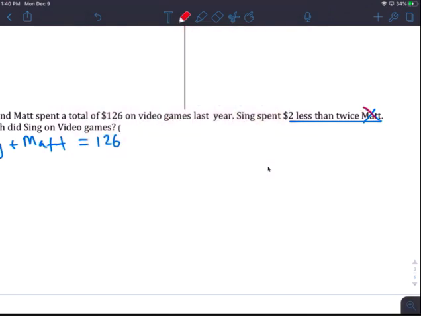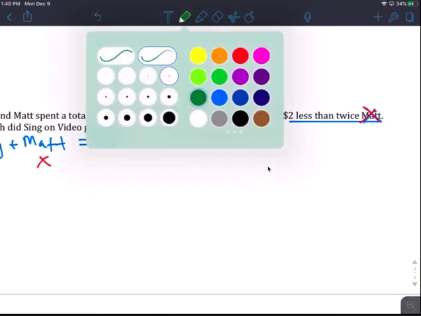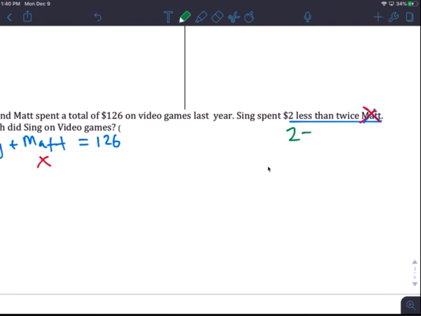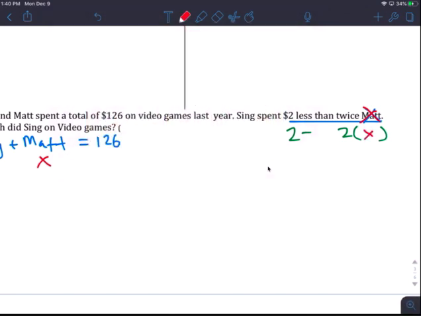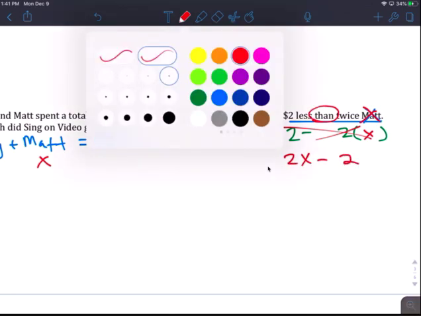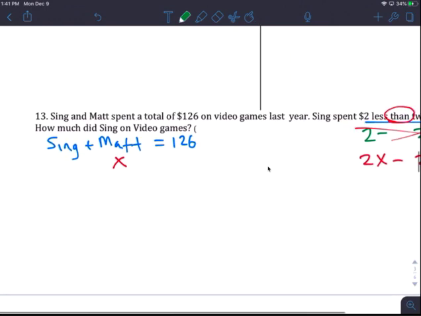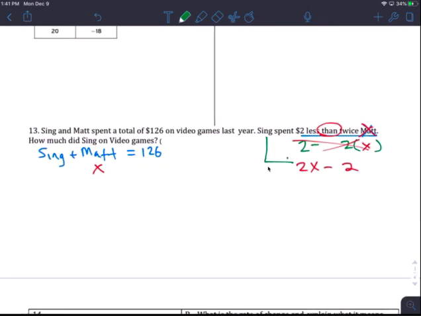Let's give Matt x. Sing, then I'll write in blue, is 2 less, minus, then twice is 2 times. 2 times what? 2 times Matt. So this is incorrect because of this word then. You flip it, 2x minus 2. So 2x minus 2 is Sing. Sing is this.